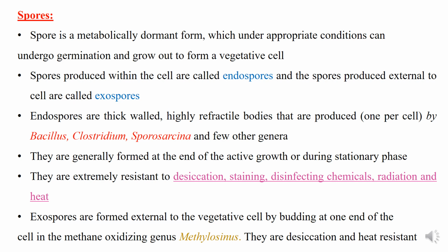If spores are produced within the cell, they are known as endospores, and if they are produced outside the bacterial cell, they are known as exospores. Endospores are very thick-walled, highly resistant, refractile bodies.